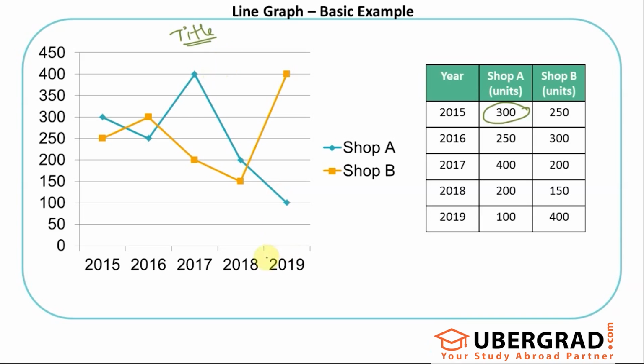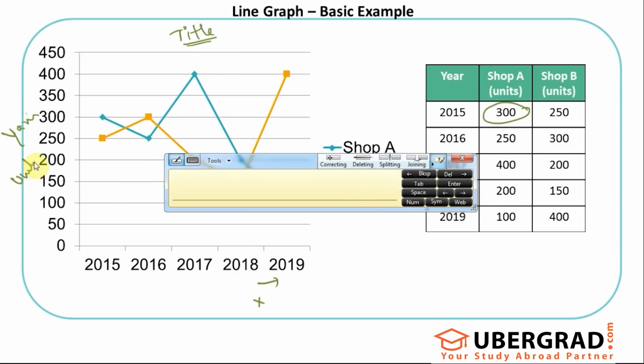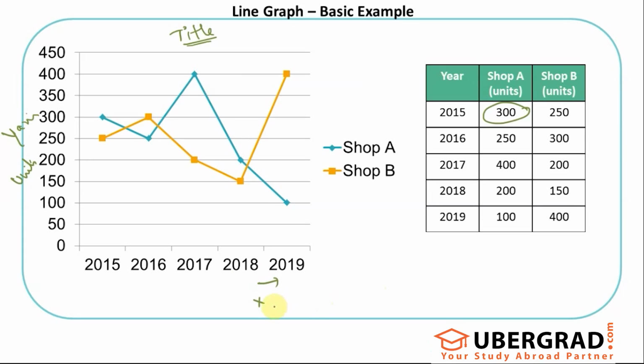And then read the axes, the x-axis and the y-axis. It would have been units, and then this would be years as the x-axis. They would give some title for the years and units so that you get a clue of what these axes are.